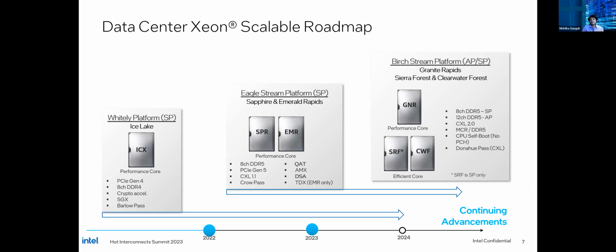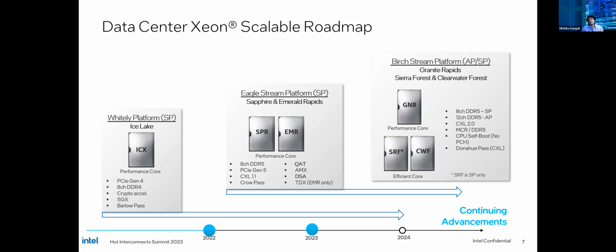DSA is another accelerator for data copies. One accelerator not mentioned here is DLB, which will be there only in certain SKUs, and that's a load balancing among cores accelerator. TDX is an enhancement over SGX, or a different implementation of secure enclaves, and that gets started in EMR.